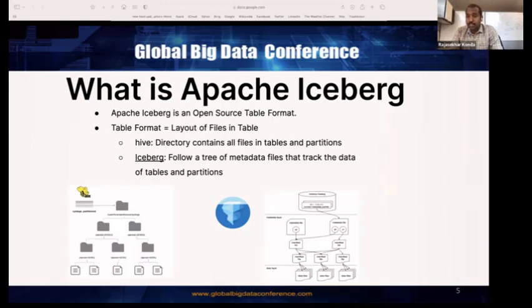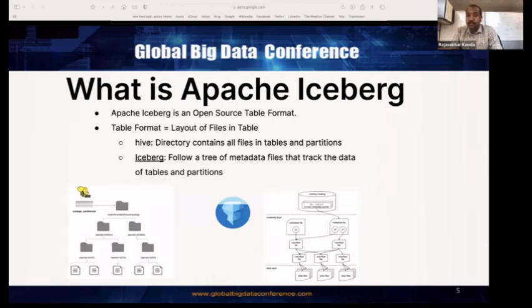Iceberg manages this in a different way. It follows a tree-like data structure for metadata files to be managed. The metadata layer in the middle of the right-side image has these metadata files, so we call it the metadata layer.